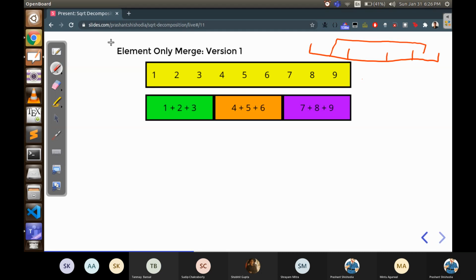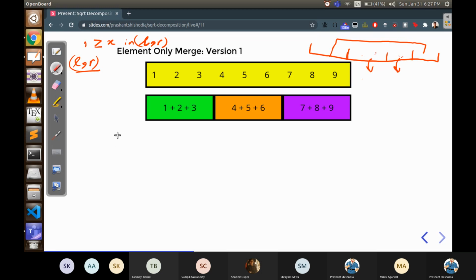Like the queries can be find the number of integers greater than x in the range L to R, or they can be even more complicated, like find the number of distinct elements in the range L to R. They can be anything. So for not every query can you always find a fixed value here for this block and a fixed value here, and merge these two.